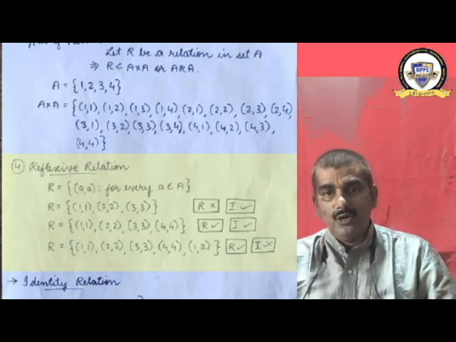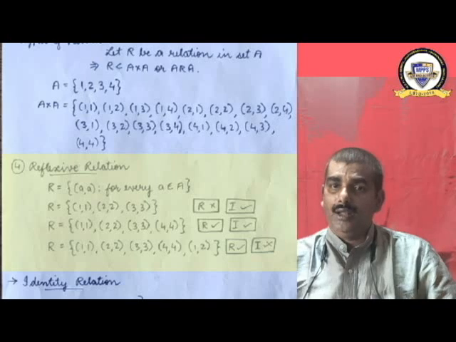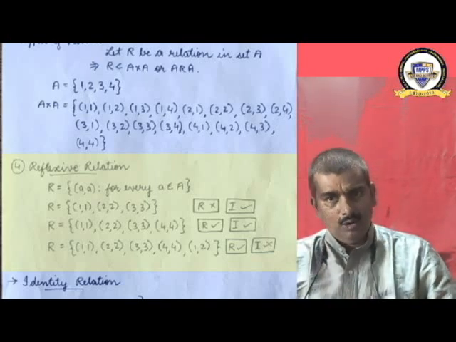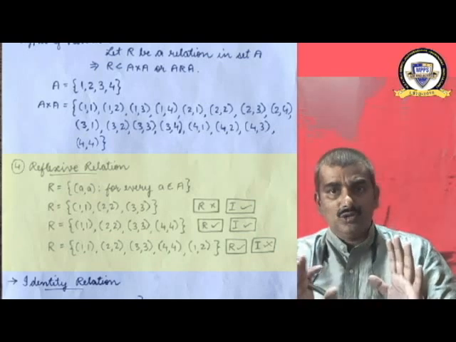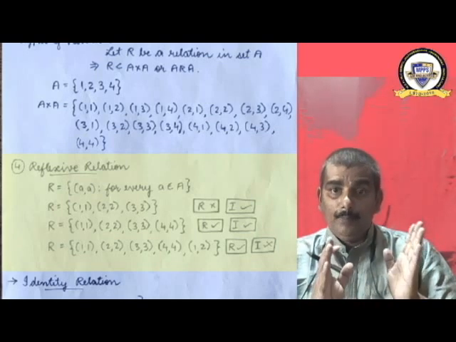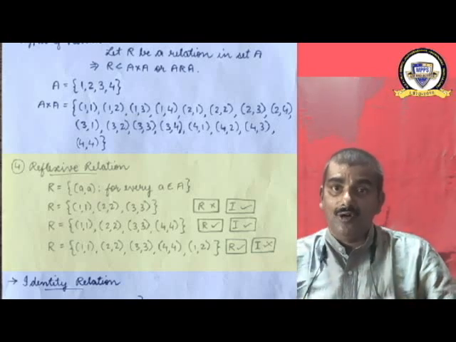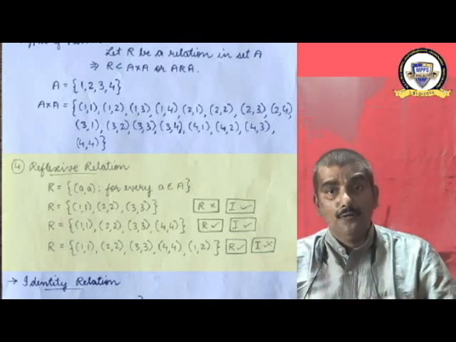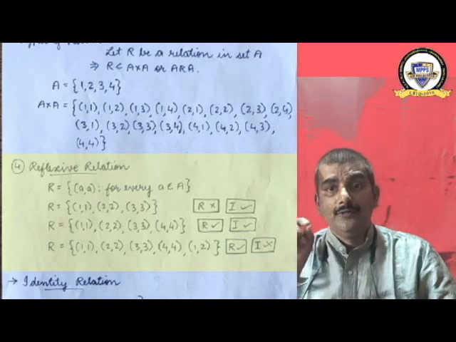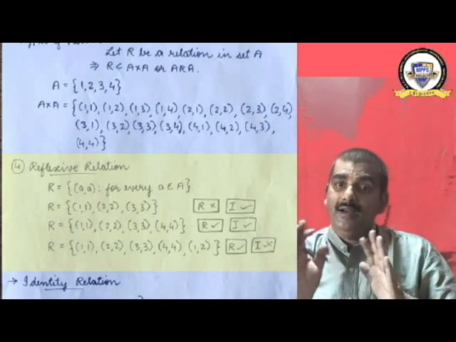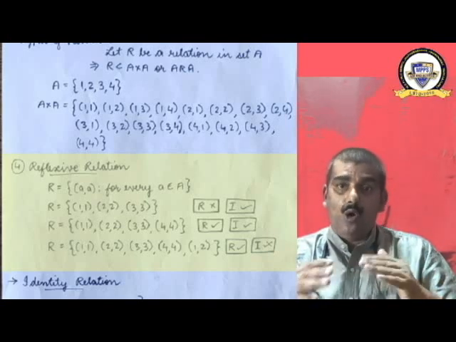Next relation: 1,1, 2,2, 3,3, 4,4, 1,2. Here 1,2 is extra, but no matter. You have to see whether the ordered pair for every element of A is there or not, and whether the pre-image and the image are equal or not.